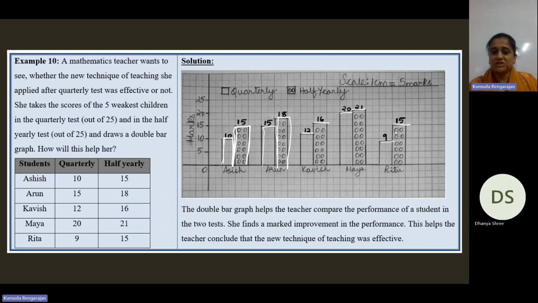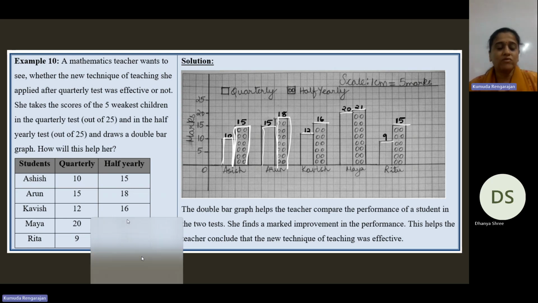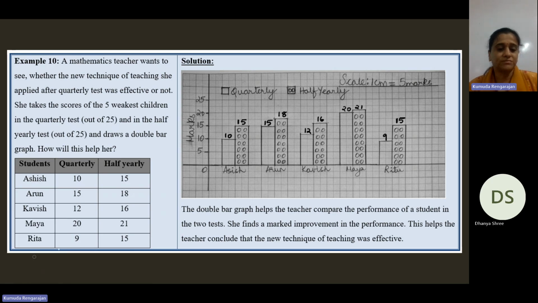But when you look at this picture, just a good glance, if you see most of the rectangles rising, like it was short and now it's grown taller, yeah, there is a significant improvement in the performances of most of the children, at least you can say. That is why we use a graphical representation.